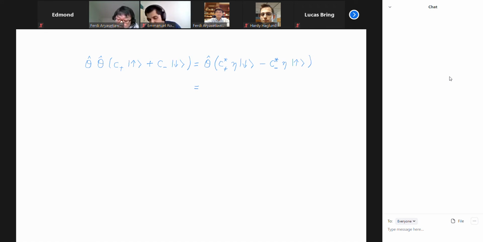Now we apply this again. Now it is a spin down, so it becomes minus spin up. So it becomes minus, and the C plus star becomes just C plus, and we get eta star, because eta is a complex number, so everything becomes a complex conjugate, and theta acting on spin down becomes minus spin up with the eta.